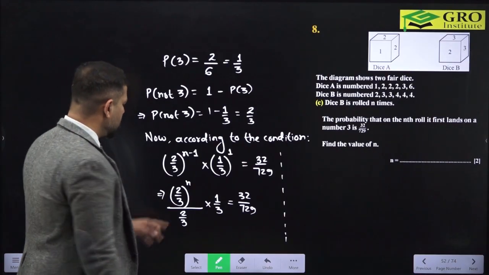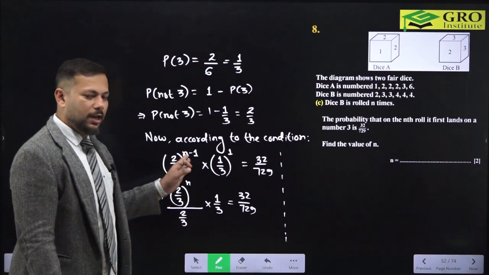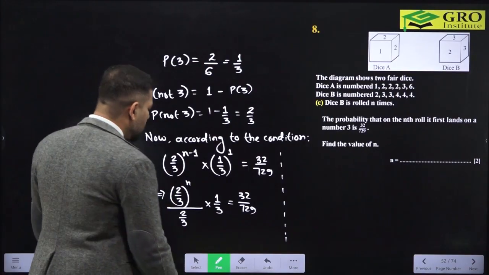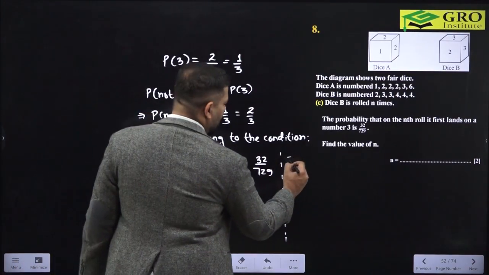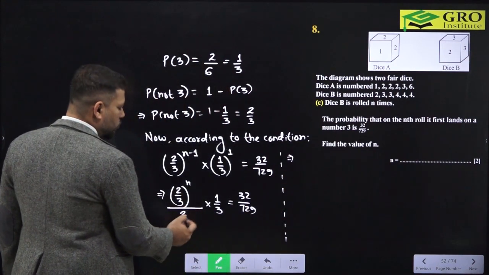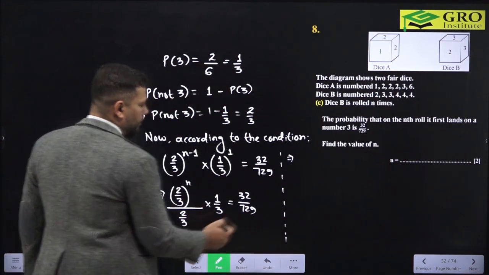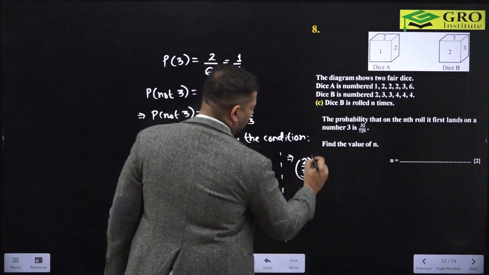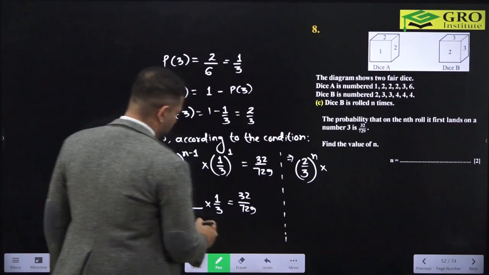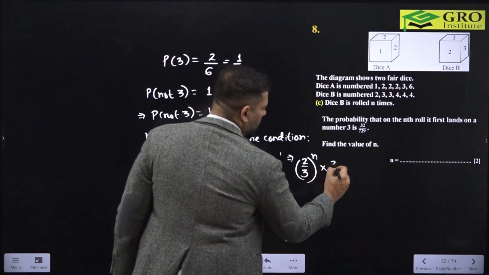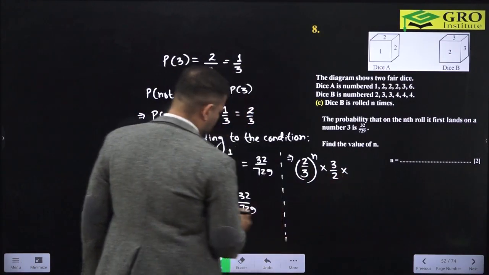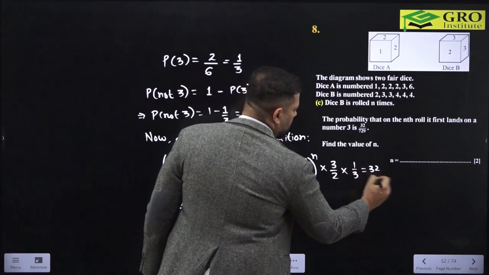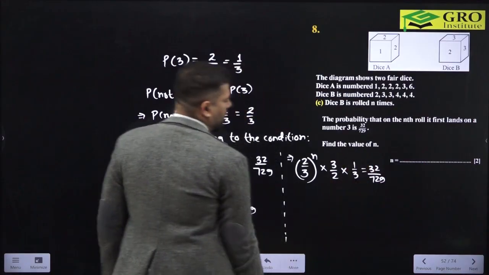If we look at it, guys, it is 2 by 3 raised to power n minus 1. What I see over here is that since this is dividing, we can reciprocate it to multiply, right? So it is going to be 2 by 3 raised to power n multiplied with 3 by 2, and we already have a 1 by 3 to be multiplied, is equal to 32 upon 729.